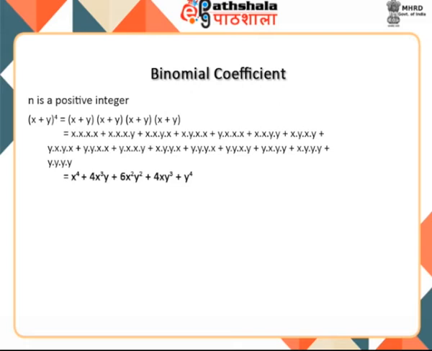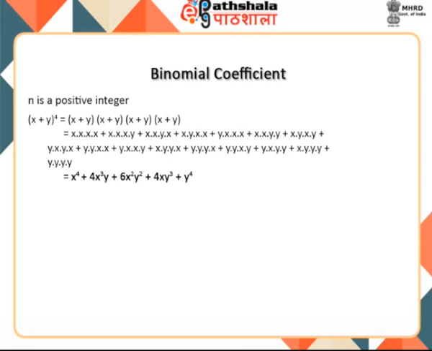The expansion of (x plus y) raised to the power 4 is given by, there are 5 terms in the expansion and the coefficients of the terms are 1, 4, 6, 4 and 1 respectively. To understand the meaning of these coefficients, take the term x squared y squared. It has coefficient 6, implying that this product of x and y occurs 6 times in the expansion.